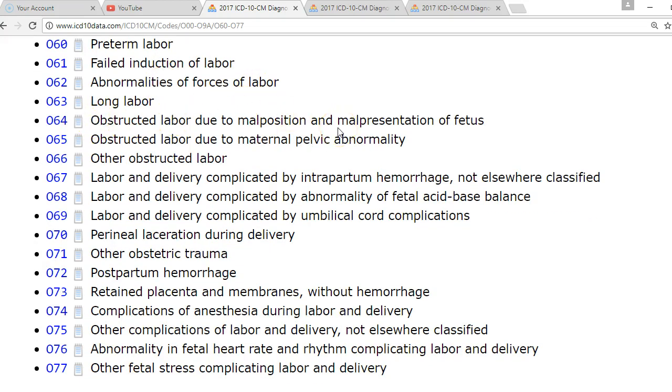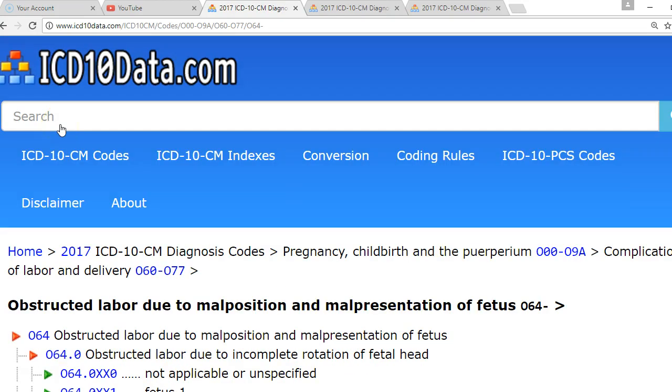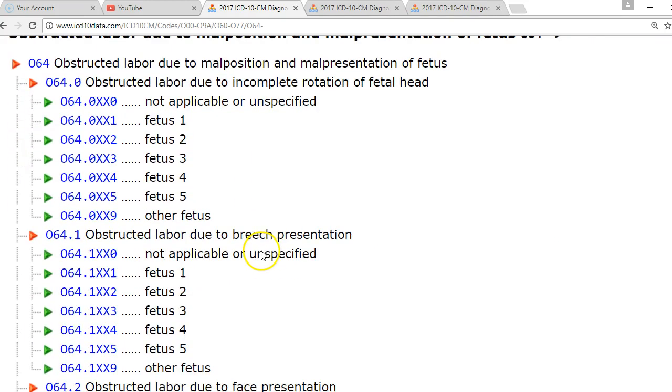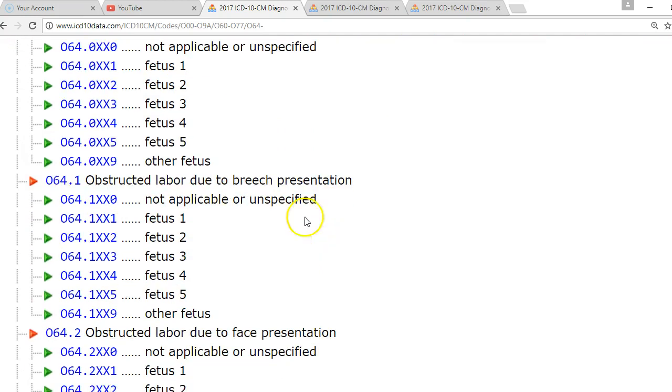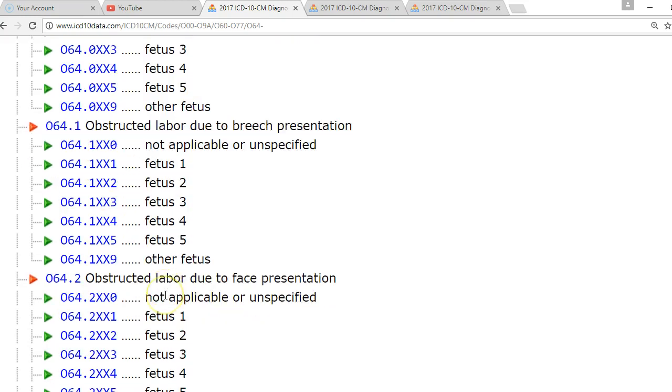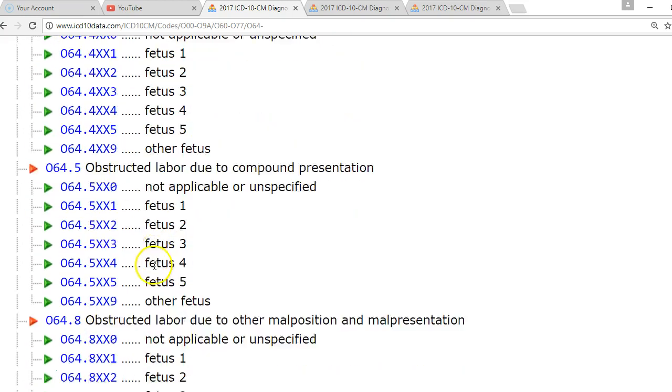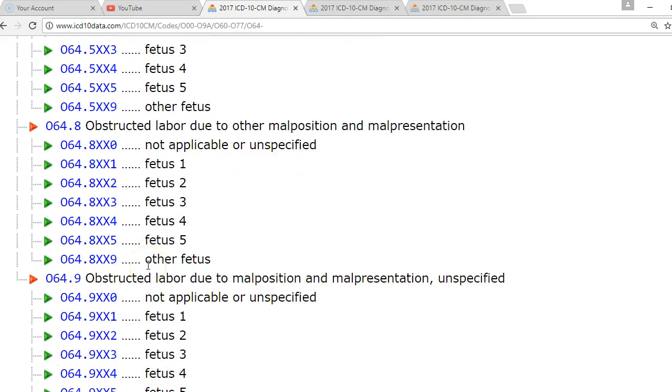And again, these are all different types of codes that we're going to have to look out for. So for instance, obstructed labor due to breech presentation. So this is when the baby is coming out butt first instead of head down, face down. And so again, how many fetuses are affected? What else is going on with the delivery?